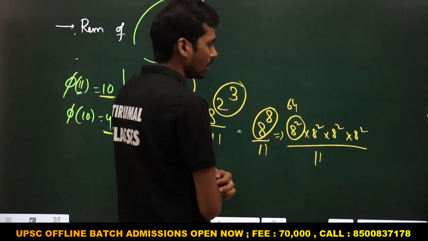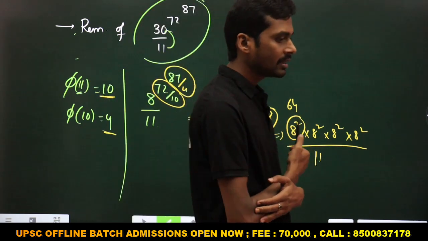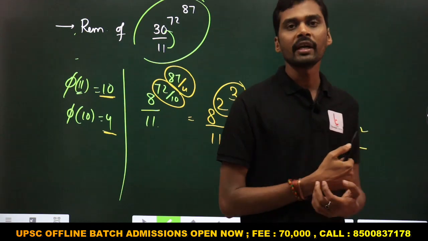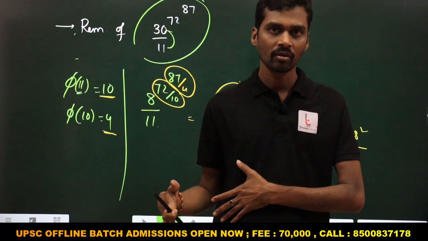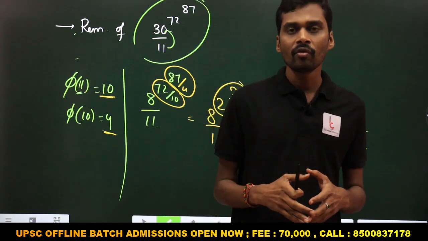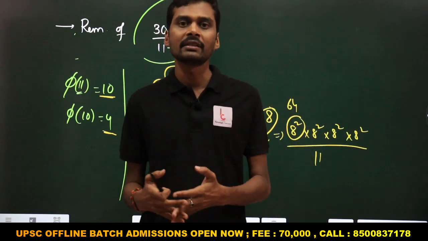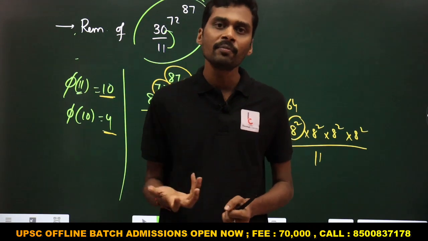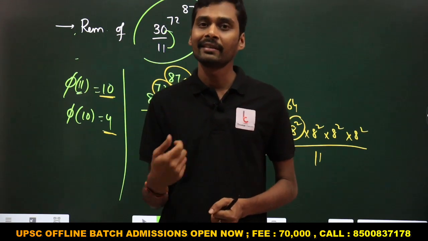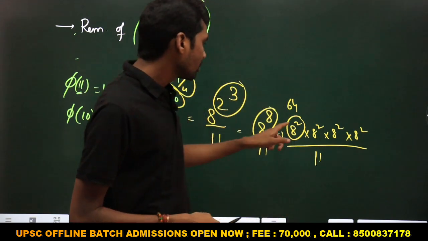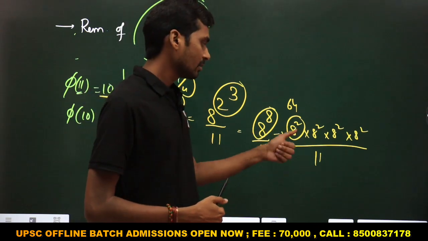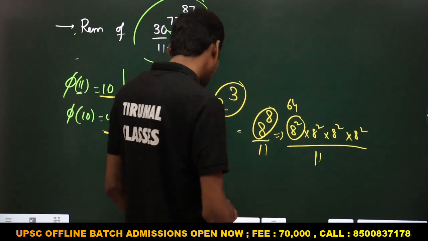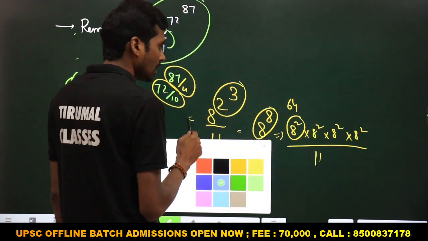8 square means 64. 64 by 11, as I already told you, we can take negative remainders also to get the right answer. Generally we don't find negative remainders, but in some cases, for simplification, we can take them. 64 by 11: 11 6s are 66, so the negative remainder here is minus 2.